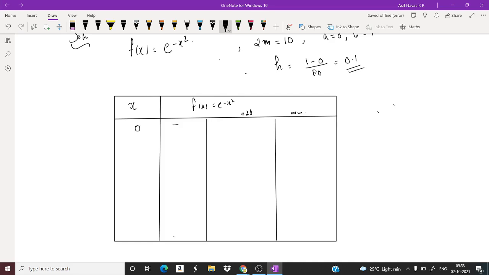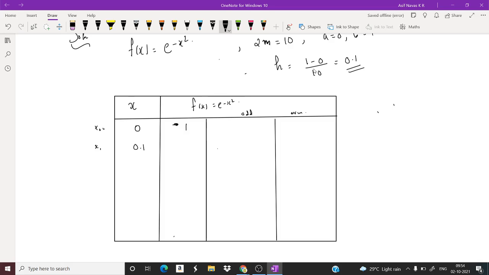So the first value 0, e raised to 0 square is 1. And the second value is 0.1 and e raised to minus 0.1 square. Second value, that means x1, an odd value. First is x naught, then x1.